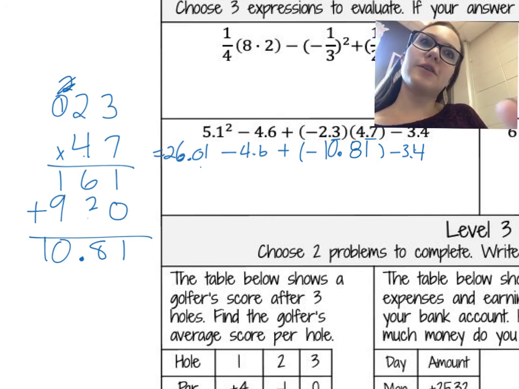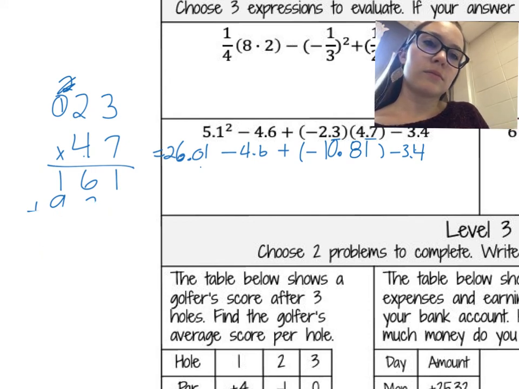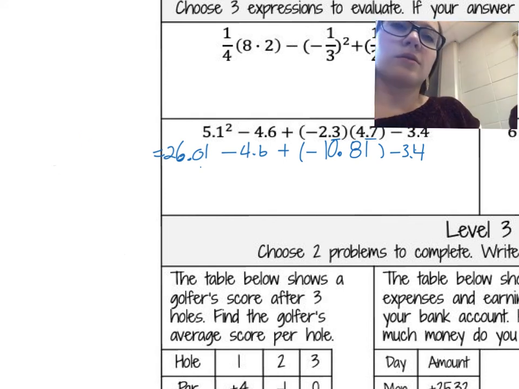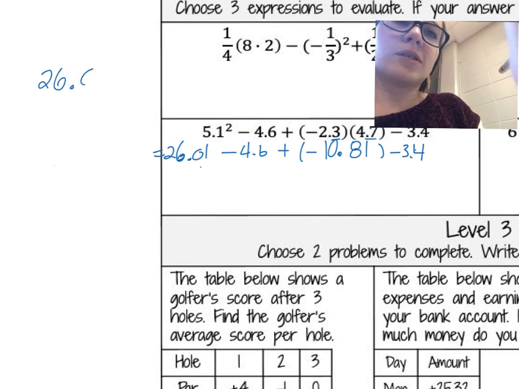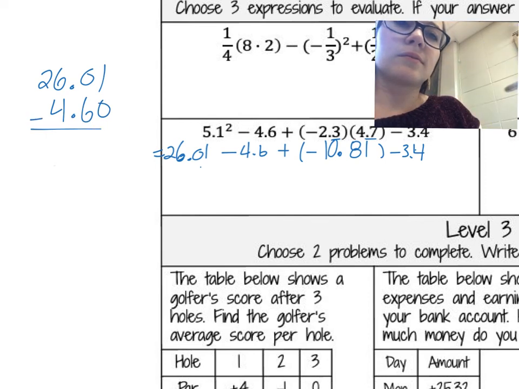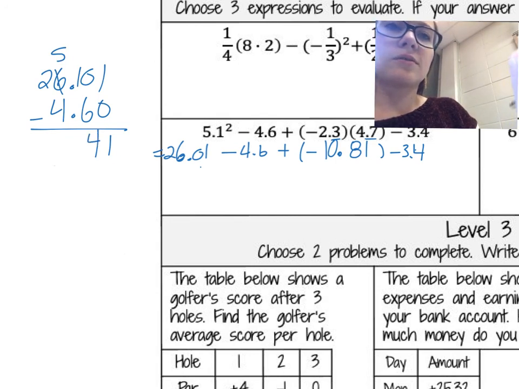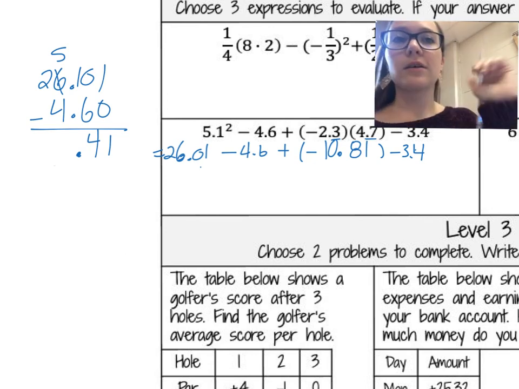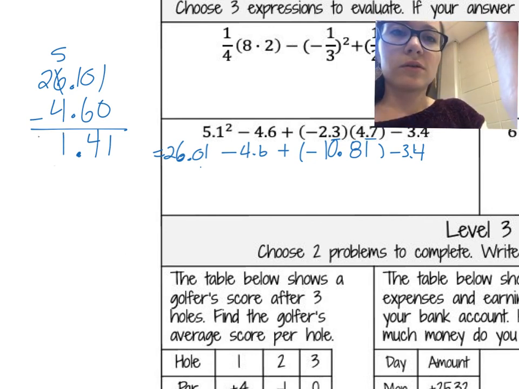All right, so now I can do my addition and subtraction steps. So we're going to start with 26.01 minus 4.6. 1 minus 0 is 1, gotta borrow. 10 minus 6 is 4. My decimal point comes straight down when we're adding or subtracting. 5 minus 4 is 1, so we have the 2.